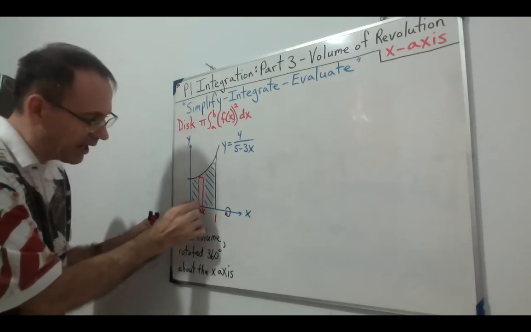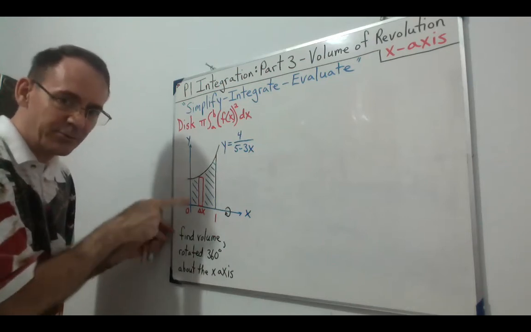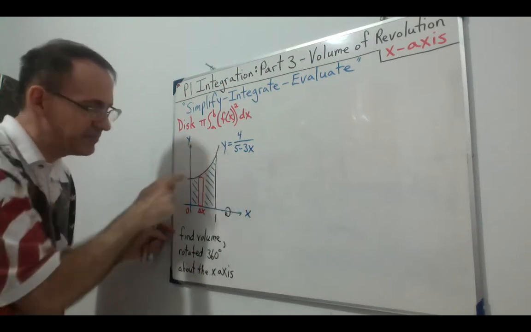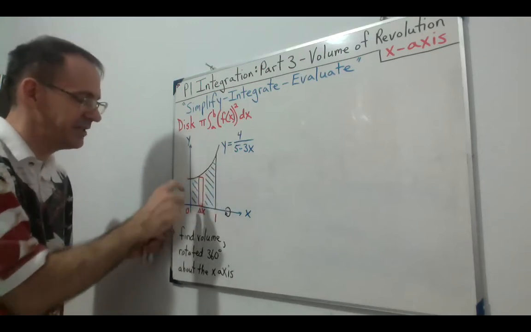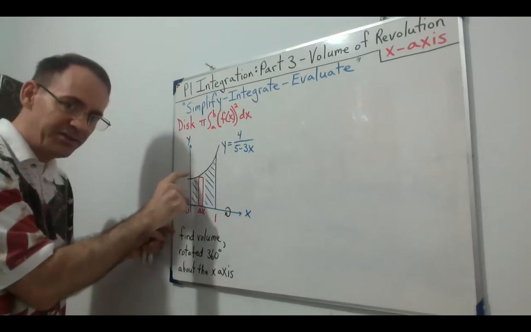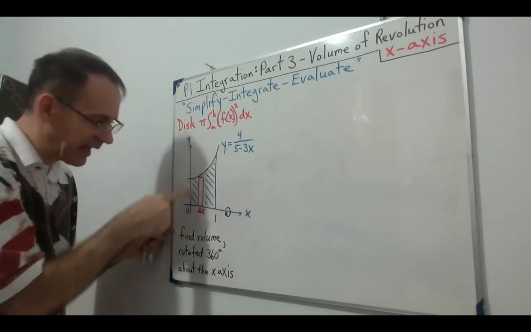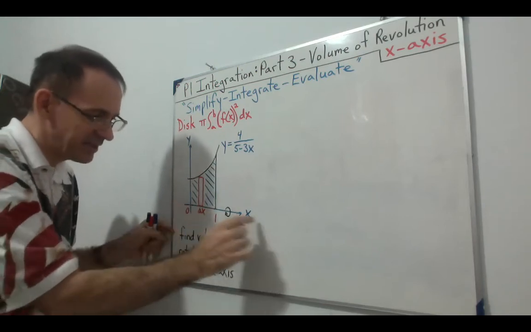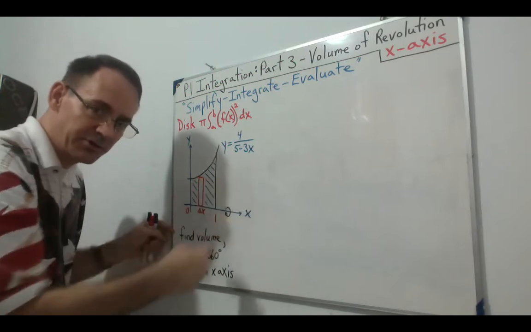And it's coming off the x-axis, and you can see that the height of the rectangle is defined by the function. So as you move this rectangle across the shaded region, the height of it is determined by our function. This is our f of x. That's the height. And the delta x is because it's along the x-axis, which is our axis of rotation.